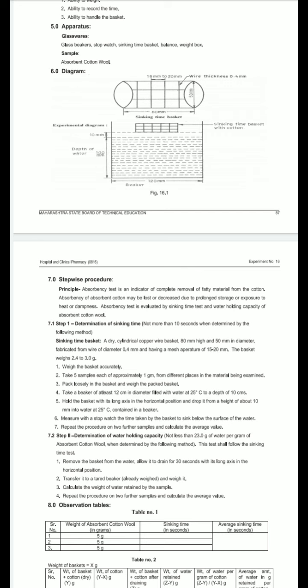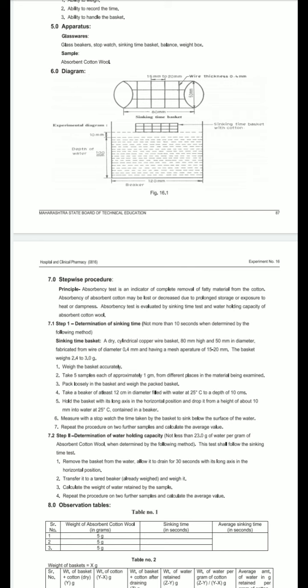Take 5 samples, each of approximately 1 gram, from different places in the material being examined. Pack loosely in the basket and weigh the packed basket. Then take a beaker of at least 12 centimeter in diameter filled with water at 25 degrees Celsius to a depth of 10 centimeters.